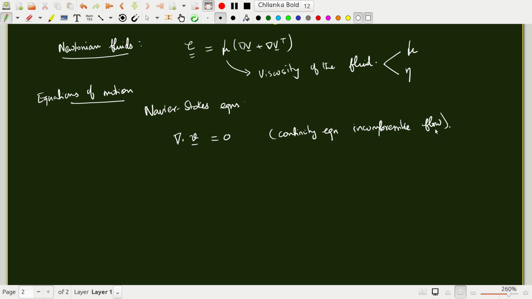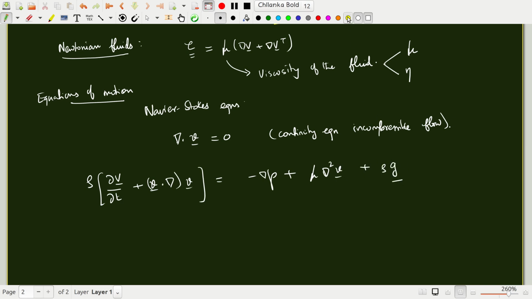And then we also have the momentum equation, minus del P plus mu del squared V plus body force rho g.